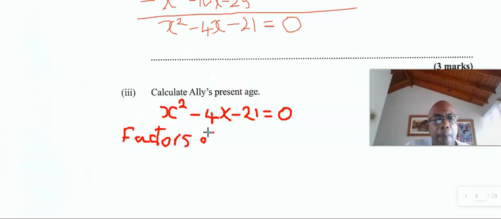You find 2 factors of minus 21 that add up to the coefficient of x, which is negative 4. So let me write this down.